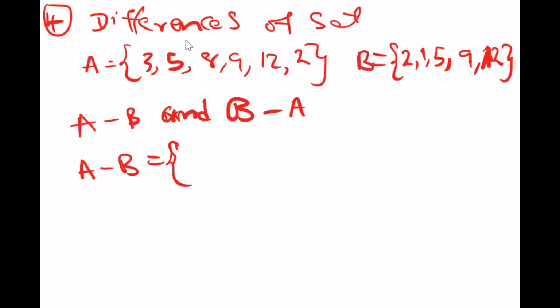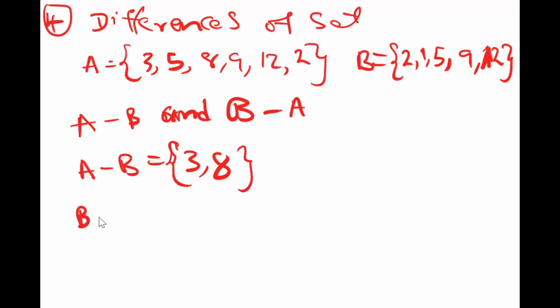For A minus B, starting from the first element in A, we have 3, B doesn't have 3, then we write it down. Then 5, B has 5. B doesn't have 8, write it down as well. B has 9, it has 12 and 2 as well. So our A minus B is this.